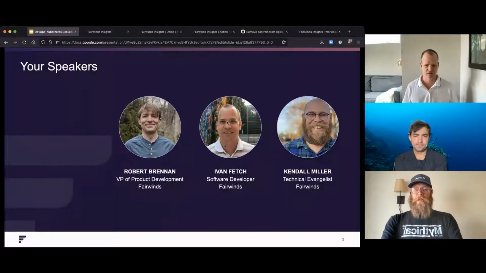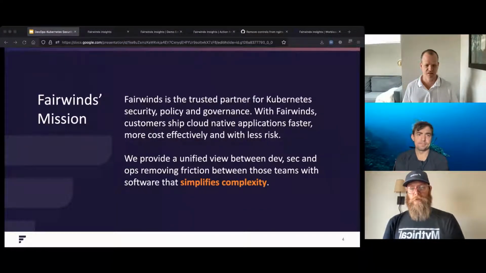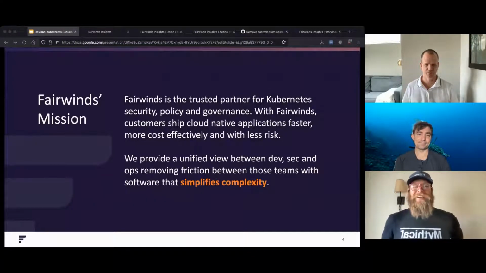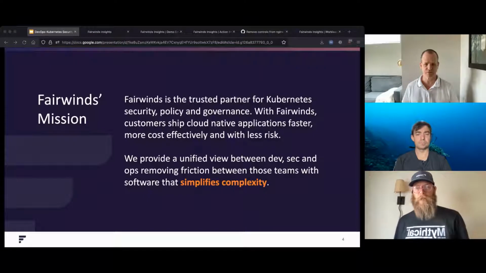Real quick, a little bit of background on Fairwinds. So Fairwinds has been in business 7.5 years. It's a little hard to believe, saying out loud. We have been a Kubernetes company for the vast majority of that time, helping companies succeed with Kubernetes as it's gone from bleeding edge technology to everybody's using it or trying to use it. And today we build software that implements guardrails for people around security, policy, governance, as well as some cost management within Kubernetes.